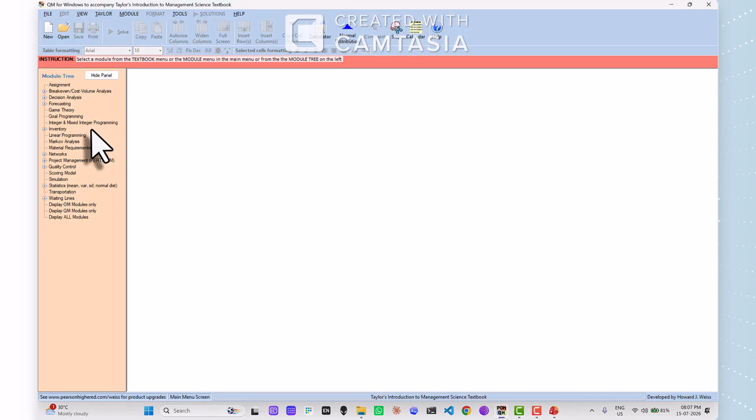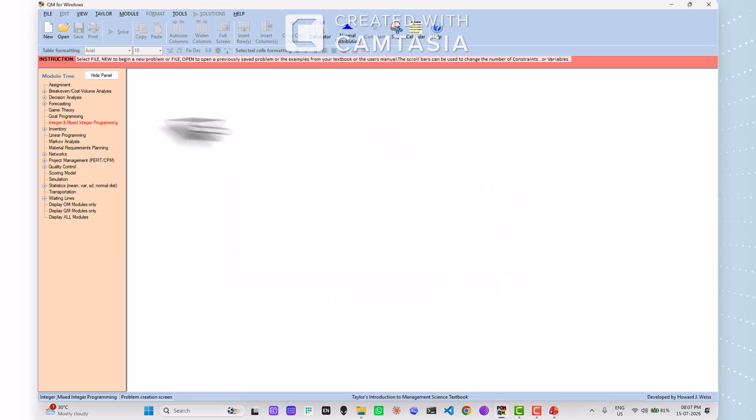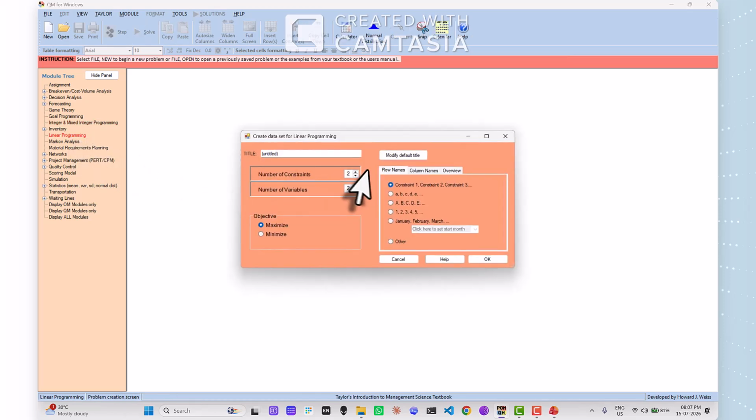First we are going to select the graphical method. So we're going to choose linear programming. So let us give the title graphical method example 1.